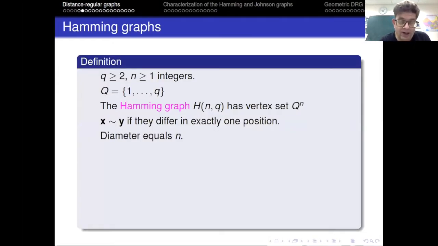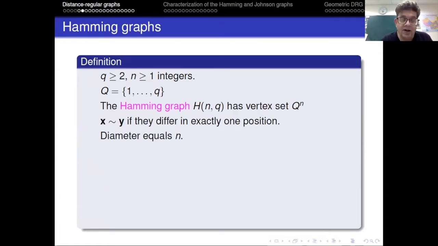First, I will look at the Hamming graphs. So now I take two integers q and n, q at least 2 and n at least 1, and let Q be the alphabet 1 to q. Some people prefer 0 to q minus 1.